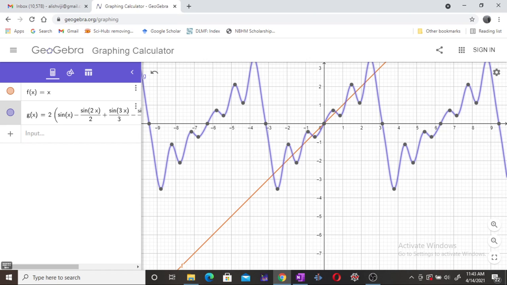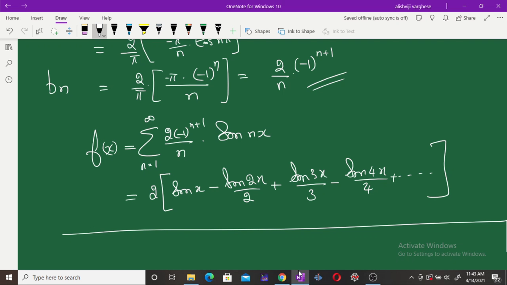And at the points minus pi and plus pi, these are the 2 points, 3.1415 is plus pi, at those 2 points the Fourier series is going to converge to the average of the right hand limit and left hand limit of the function f of x, or f of x is equal to x in the interval minus pi to plus pi.